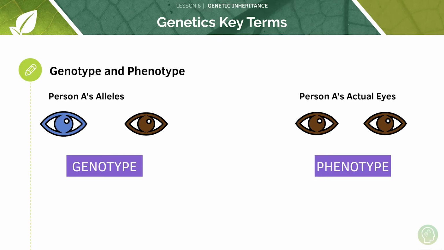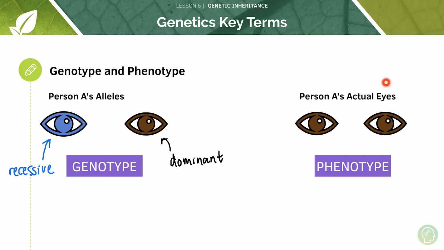What we do actually see is the dominant allele being presented on person A. So person A has brown eyes because they have the recessive blue eye allele and they have the dominant brown eye allele. So therefore the brown eye allele always presents, and that's what we see in the phenotype.